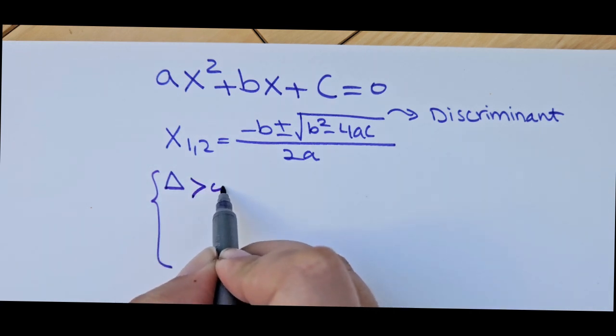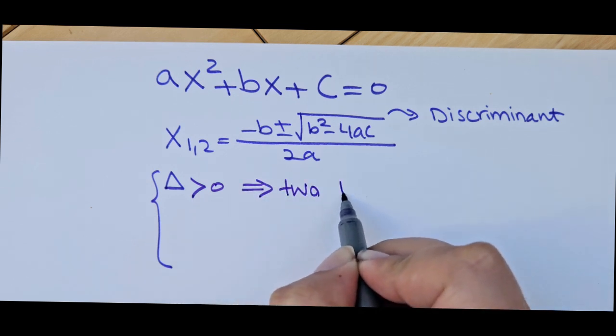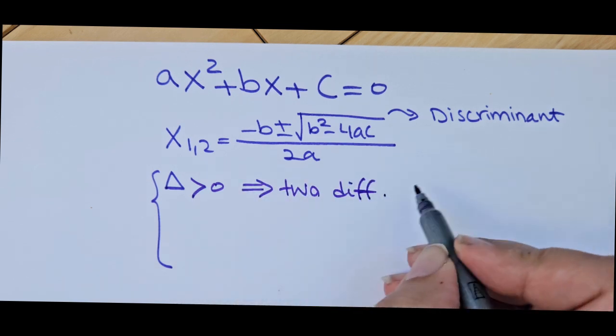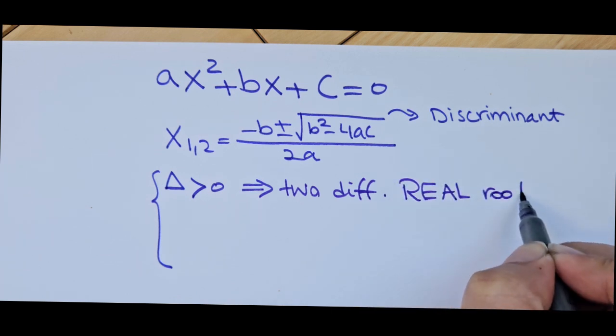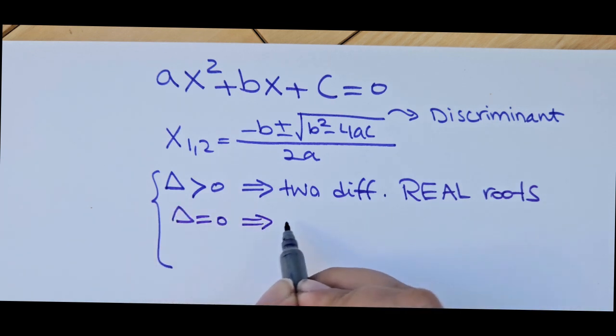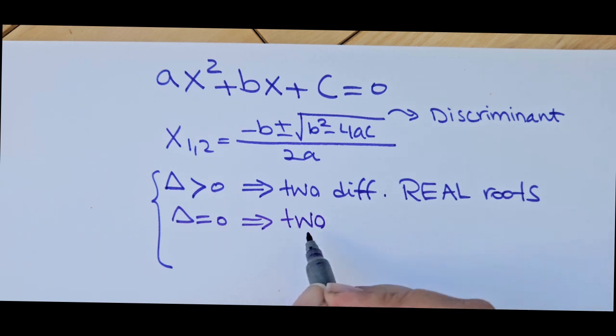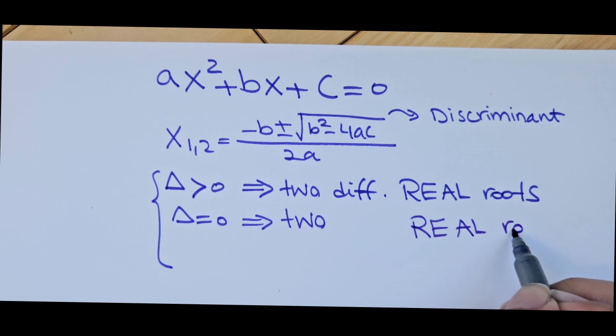Based on the discriminant value, you would have three different situations. When the discriminant is greater than 0, you would have two different real roots. Remember, we are talking about real roots. If it's equal to 0, you would still have two real roots, but they wouldn't be different.